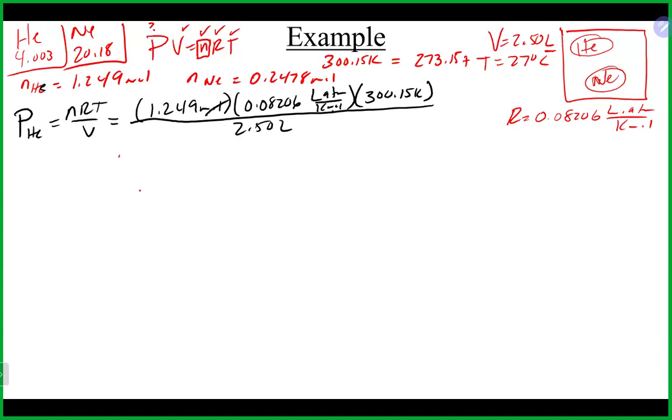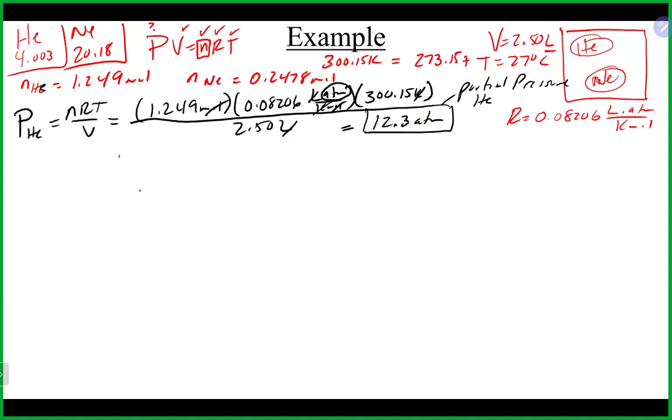The moles will cancel, the Kelvin will cancel, the liters will cancel. That's going to leave us atmospheres, which is a pressure, so that's a good thing. And that will give us 1.249 times 0.08206 times 300.15 divided by 2.5. That's going to give us 12.3 atmospheres. This number is the partial pressure of helium in this mixture.